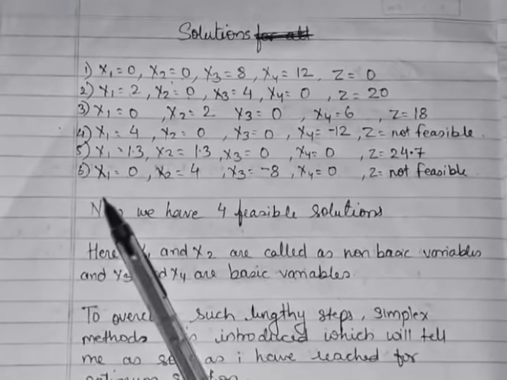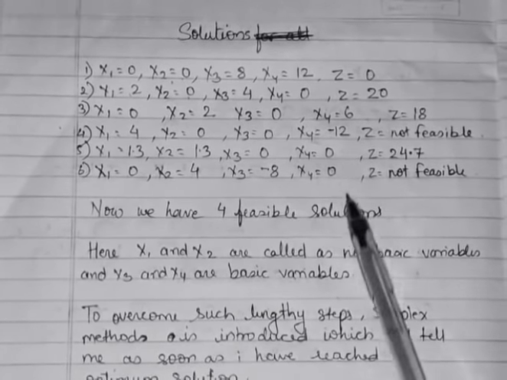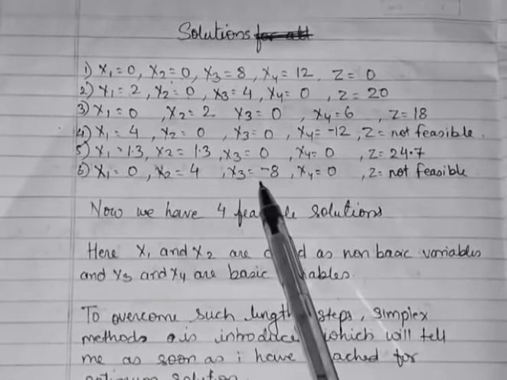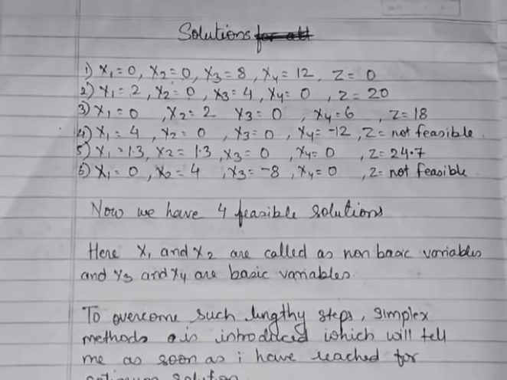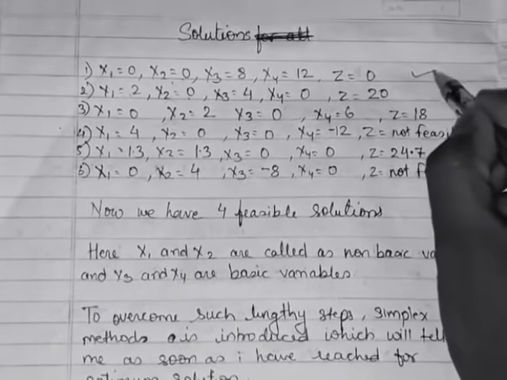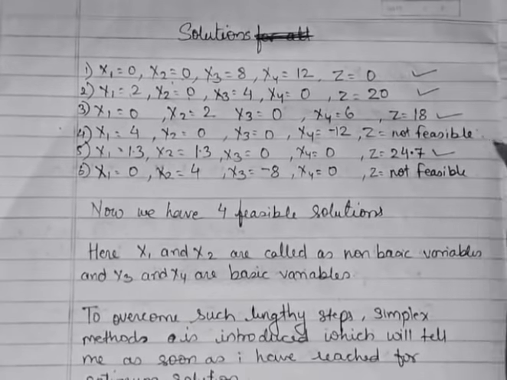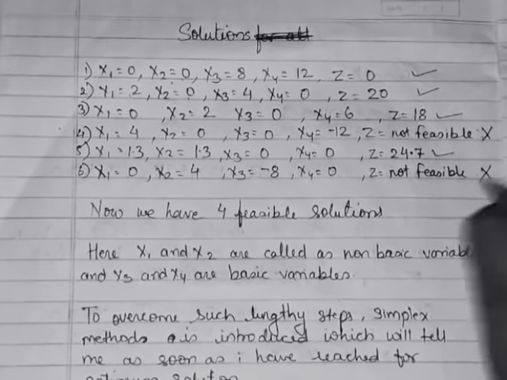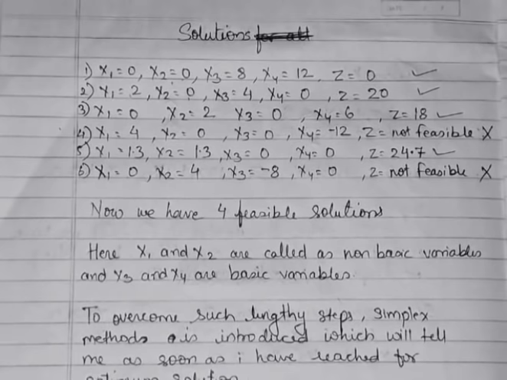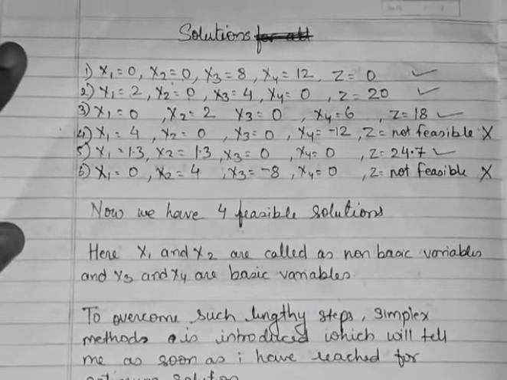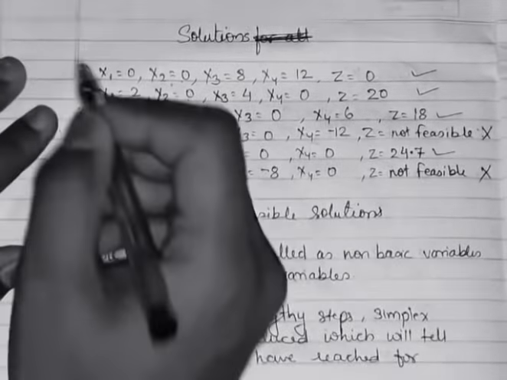Next one was x1 as 0 and x4 as 0, x2 I got is 4 and x3 is minus 8, right? Since it is minus 8, not a feasible solution. So I got these 4 feasible solutions out of 6, and these 2 are infeasible solutions, right?